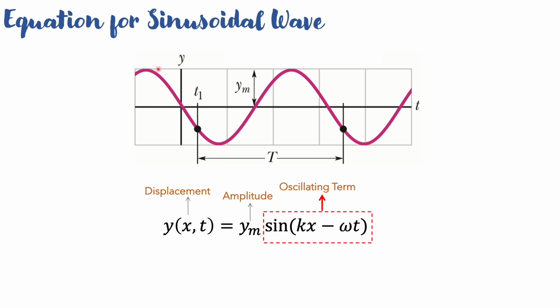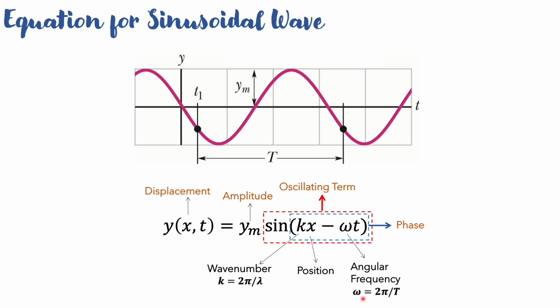This one defines the shape of this wave, and then the central part is called the phase, where k is the wave number, calculated by 2 pi over lambda, and lambda is the wavelength, the length of one wave. And here x is the position, and omega is the angular frequency.